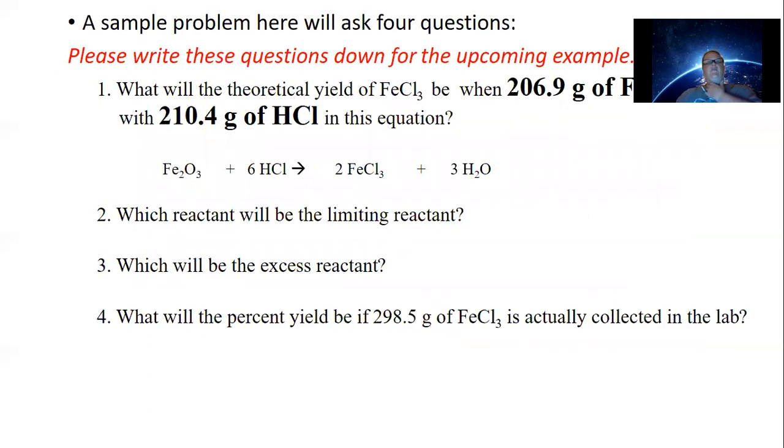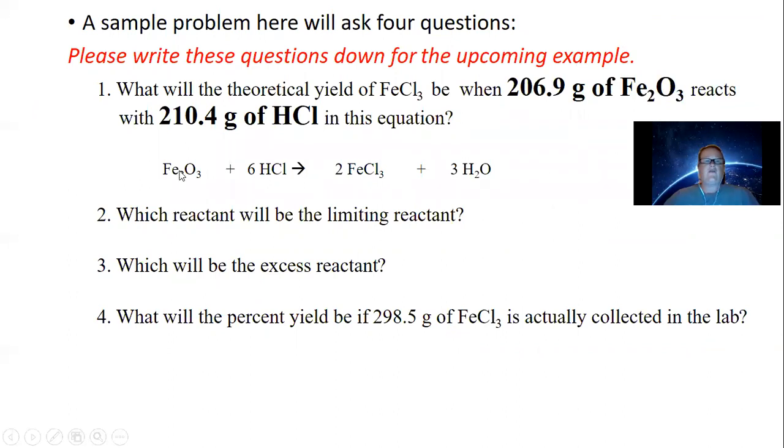A sample problem is going to ask 4 questions. For this scenario, we have a reaction in which we're combining some iron 3 oxide with hydrogen chloride, and we're making iron 3 chloride and water.